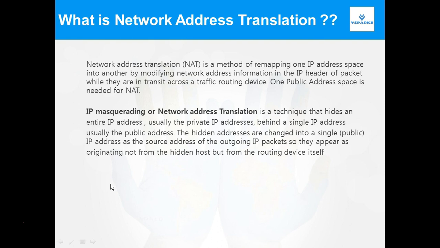In this technique, usually the private addresses are translated or mapped into public addresses. Once translated, the source address appears to be the public address and not the internal private IP address. Thereby, we are hiding the private IP host from the outside world with the help of a public IP.